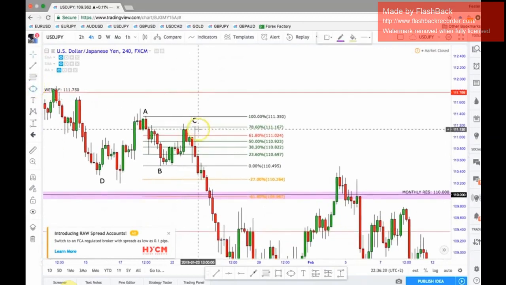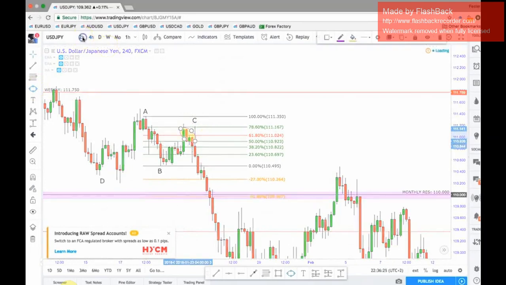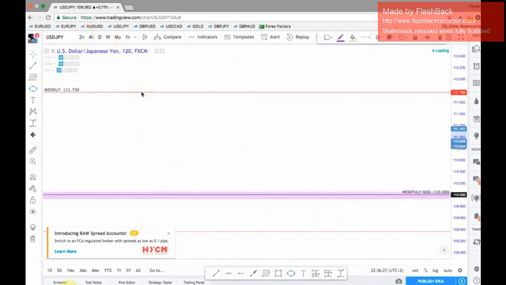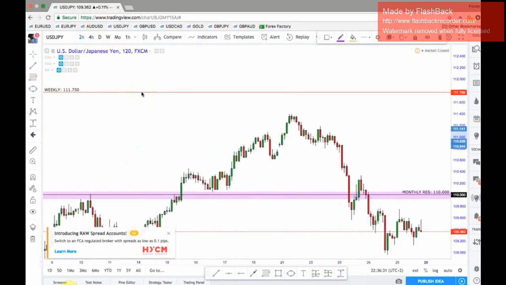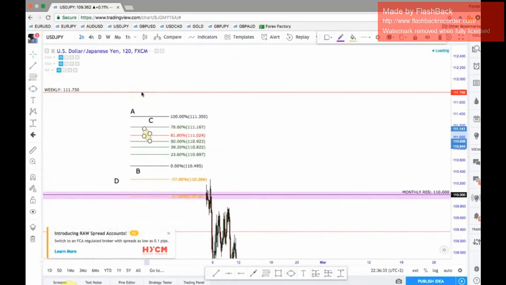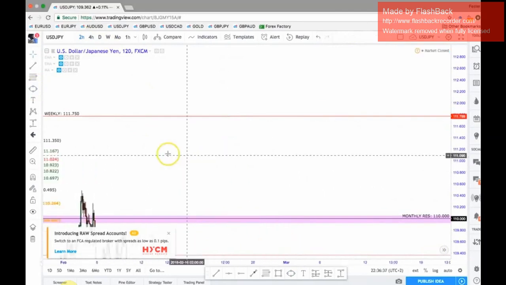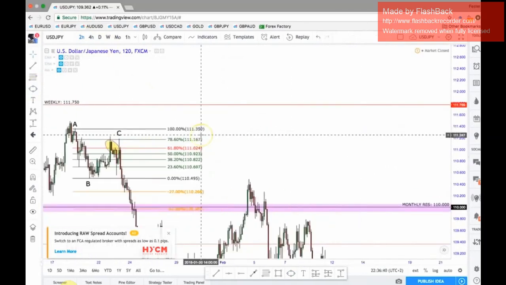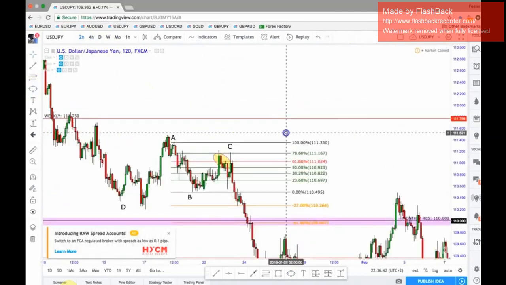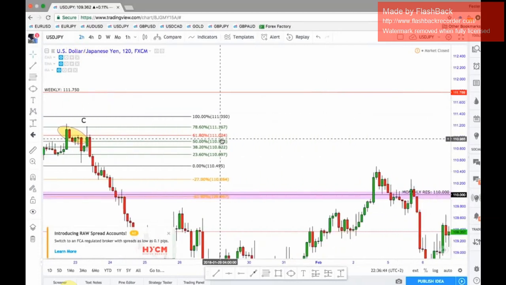Again, you would base your entry off looking at this area, stepping down to the 2 hour. What candlestick patterns can we see?